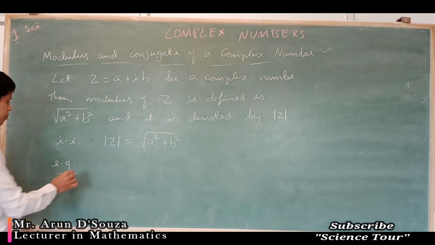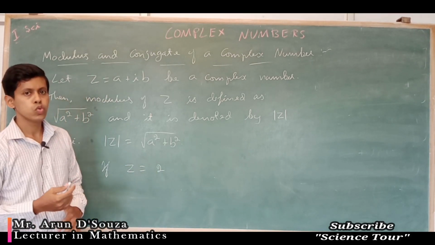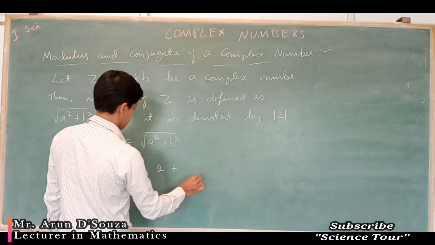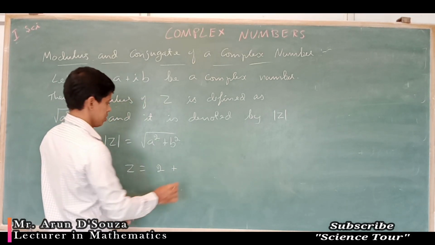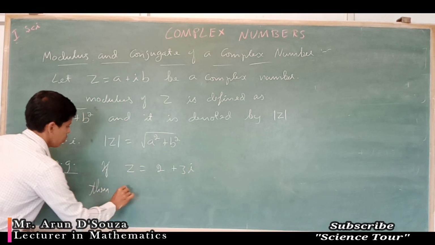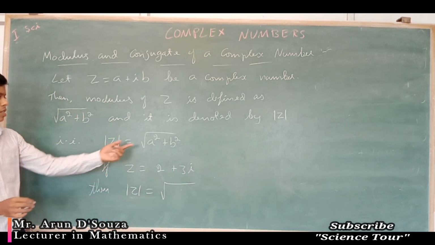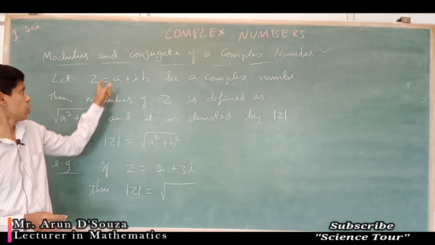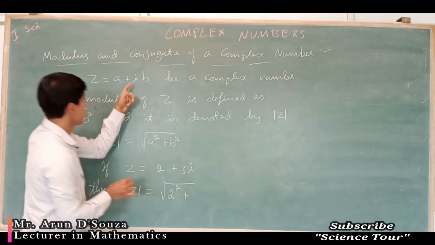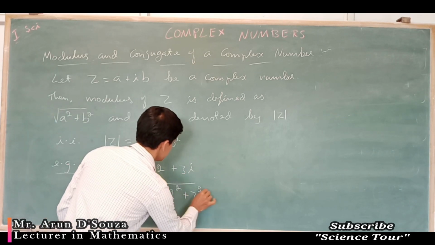For example, if z is equal to 2 plus 3i, then what is mod z? Square root of 2 square plus 3 square.